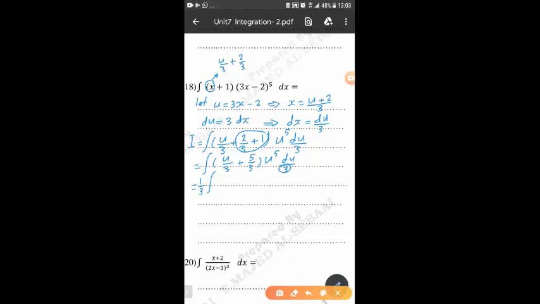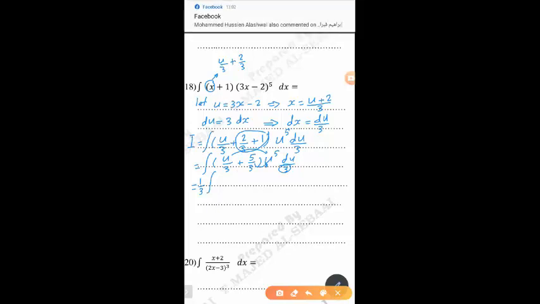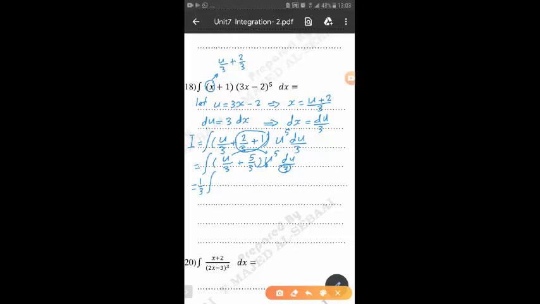Then multiply this by this and this by this. u over 3 by u to the power of 5 will be u to the power of 6 over 3, plus 5 over 3 by u5 is 5 over 3 u5 du. Now I think it is really easy. That's it.